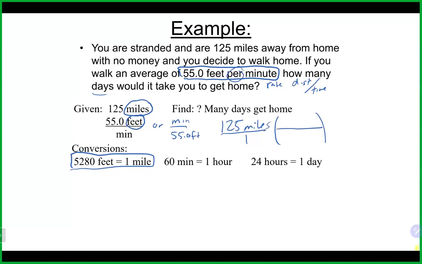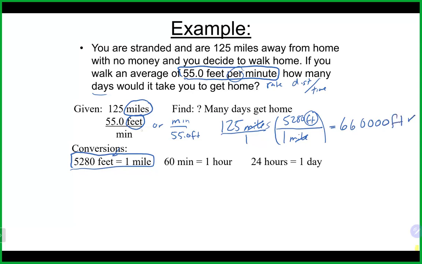I want to get rid of miles, which means the miles part of my equality goes on the bottom and the feet part goes on top, because that is what I'm looking to solve for. The miles cancel, and that gives us 125 times 5280, which is 660,000. Did I get enough zeros there? I think I did. And these are feet.